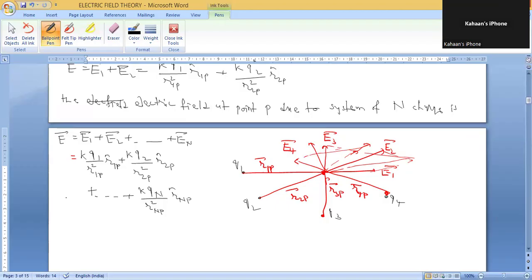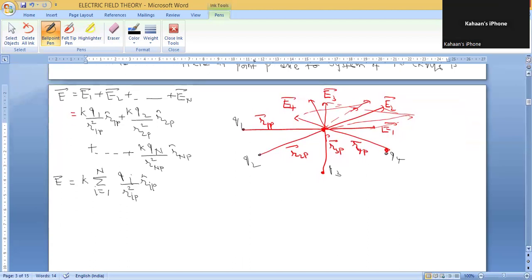Now here we write in summation form. So vector E is equal to K common, summation i equal to 1 to n, Qi upon RiP square into RiP cap.